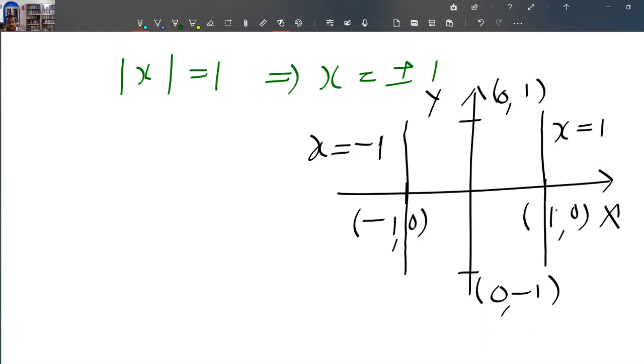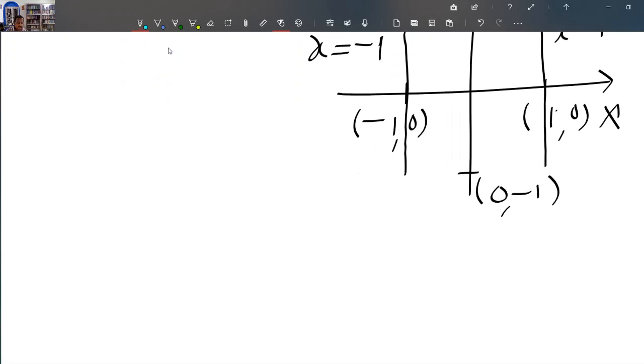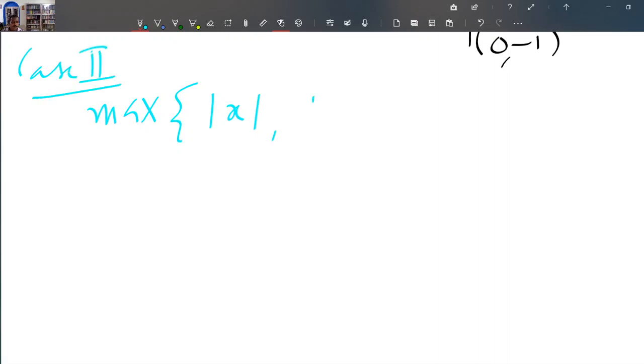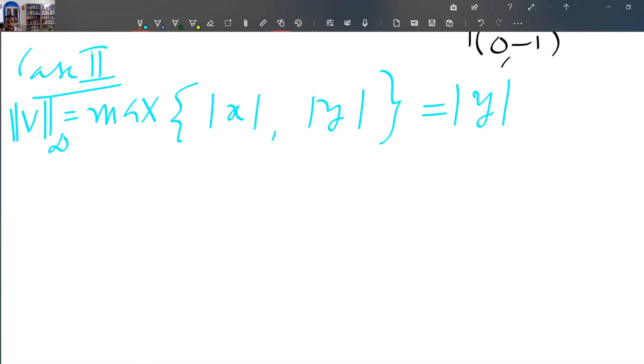Now consider the second case: the maximum of modulus of x comma modulus of y is modulus of y, and this is the supremum norm of V. Therefore the norm of V equal to 1 will imply that modulus of y is equal to 1.